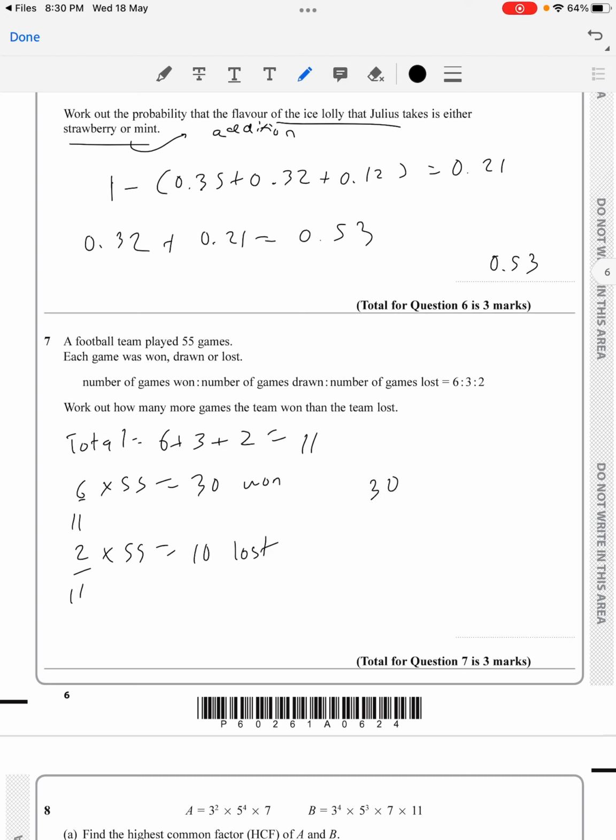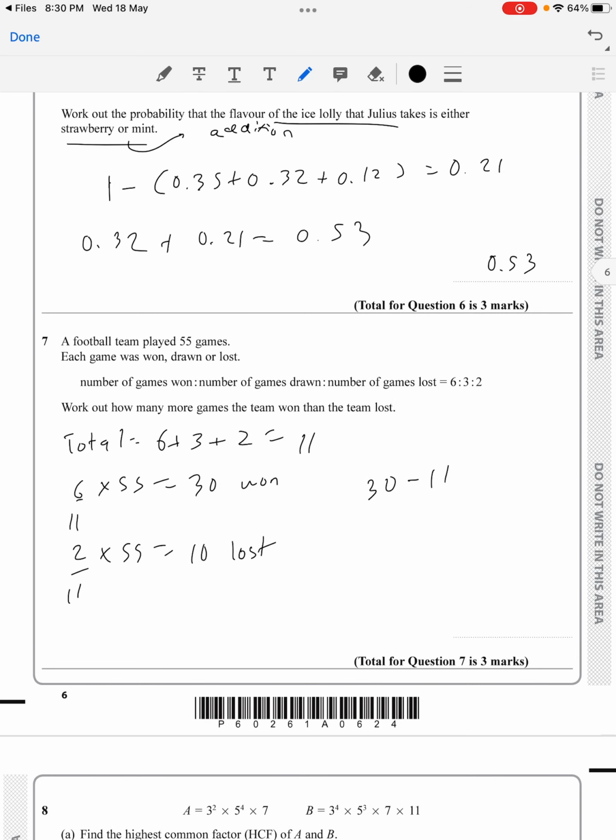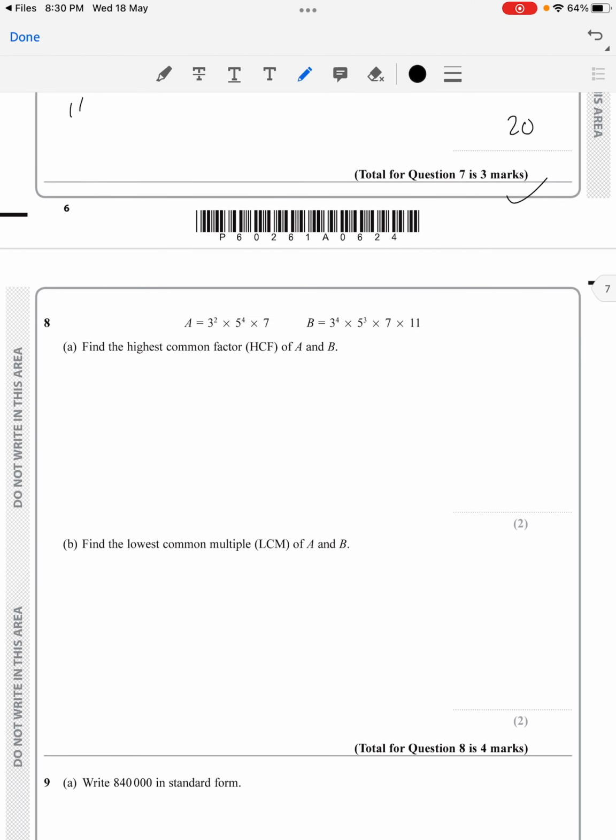There are 10 games that are lost. And how many more games did the team win? You just subtract 30 minus 10, sorry guys, that should give you about 20. So that's the difference, 20, that's good, 3 marks scored.